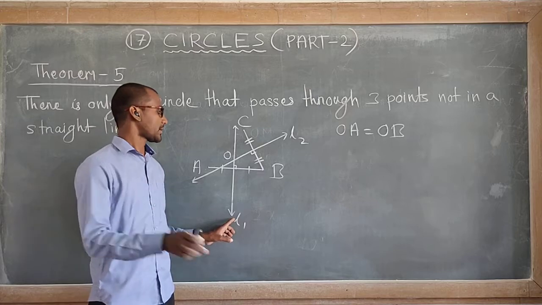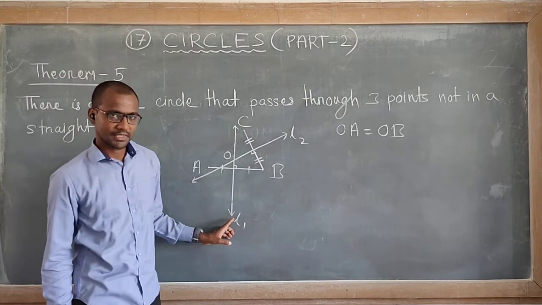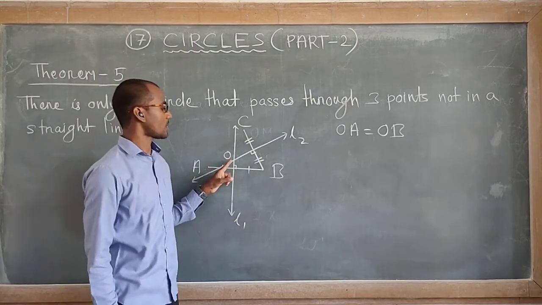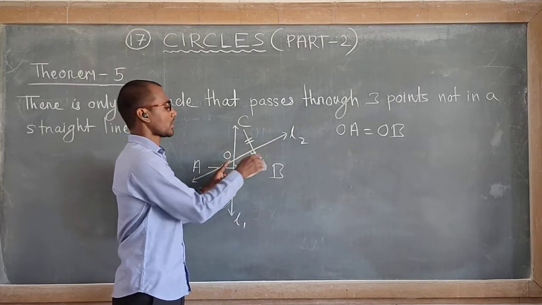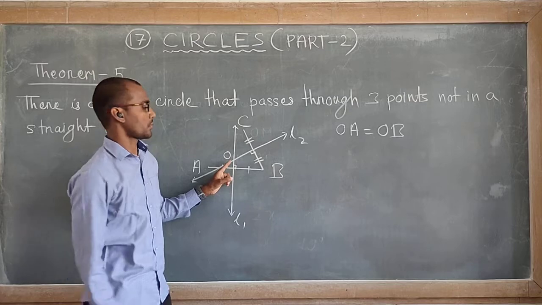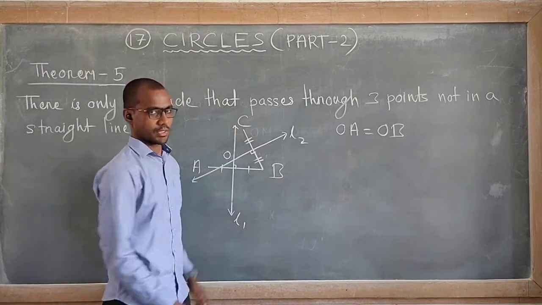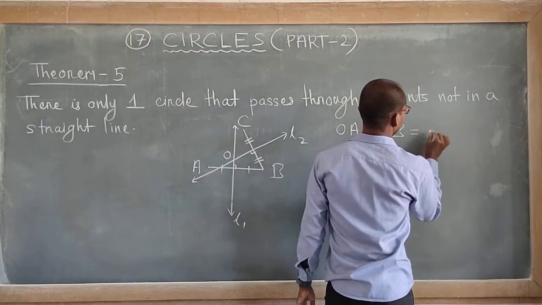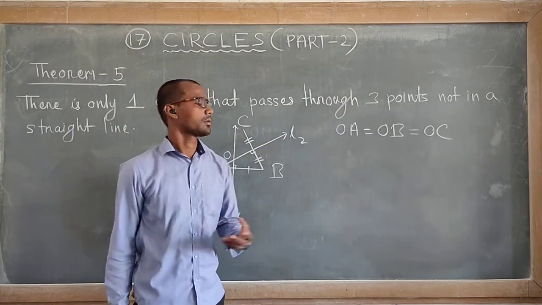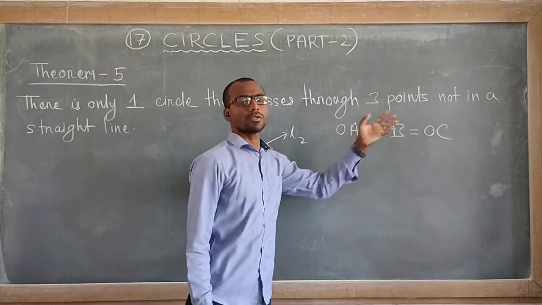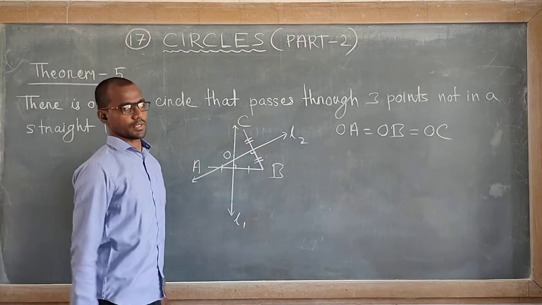So for that reason, OA is equal to OB. Next, again the point O lies on L2, which is the perpendicular bisector of line segment BC. Therefore, OB will be equal to OC. So ultimately I get OA is equal to OB is equal to OC. So O is the required point.